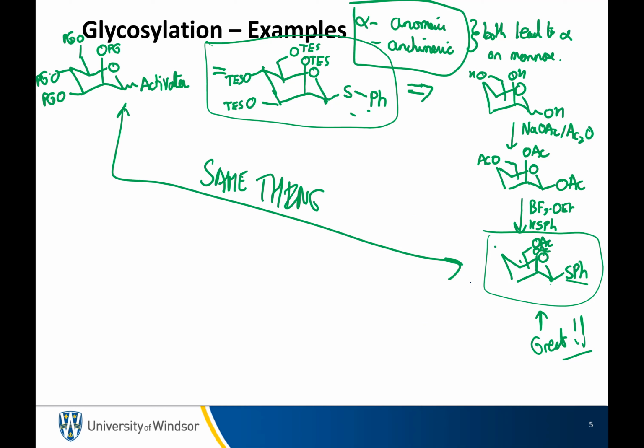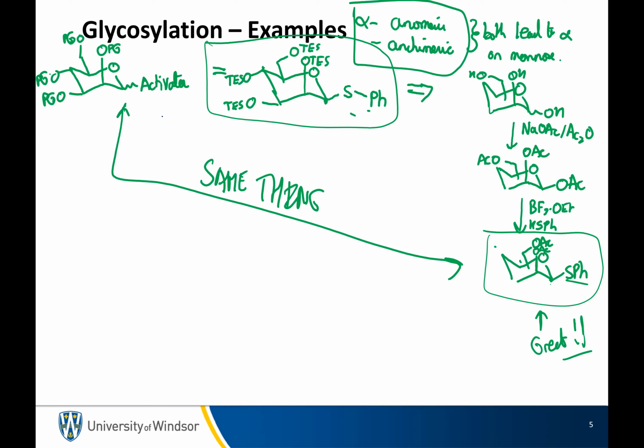We install the thiophenol using one of the chemistries that we've seen already in the thioether section, which is to take a peracetylated sugar and treat with BF3 etherate and your thiol of choice. Then you just check to make sure that what you've made is strategically the same as your schematic, and it is. We have an activator group, we have protector groups, and the other things. We're good to go.